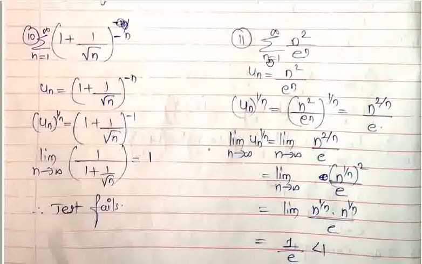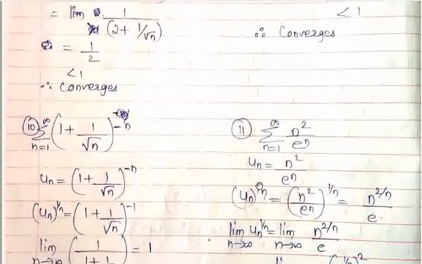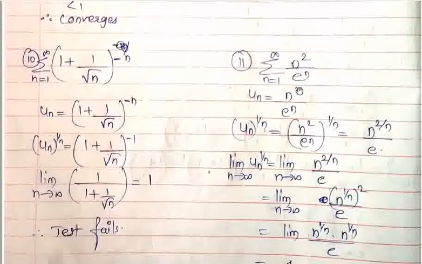Next question. Sum from 1 to infinity of n squared divided by e to the n. So un is going to be this here. Using the formula for Cauchy's nth root test, you're going to divide n squared by n. So you get n.